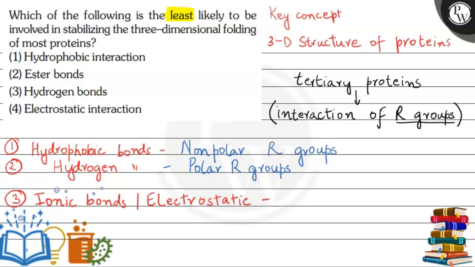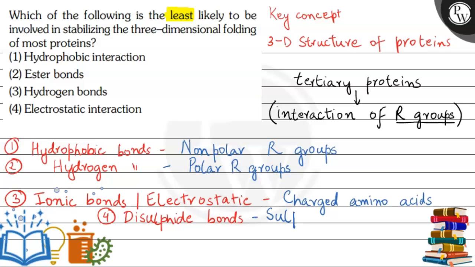So the oppositely charged amino acids, like an acidic amino acid, will react with the basic amino acid to give electrostatic or ionic bonds. Now the fourth and the most important type of bond found in the 3D structure of proteins is known as the disulfide bond, and these bonds are formed between the sulfur groups of cysteine residues.